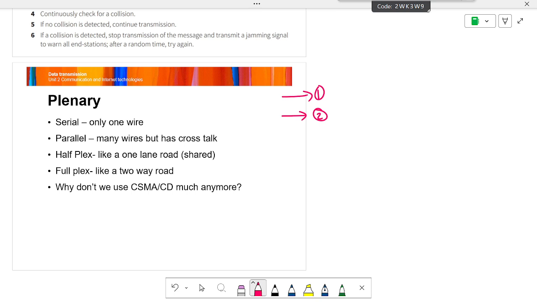Serial, yep. You can have serial and parallel. And then in here, Chet, what are the 3 types of transmission that you can have within that? We have 1, 2, 3.